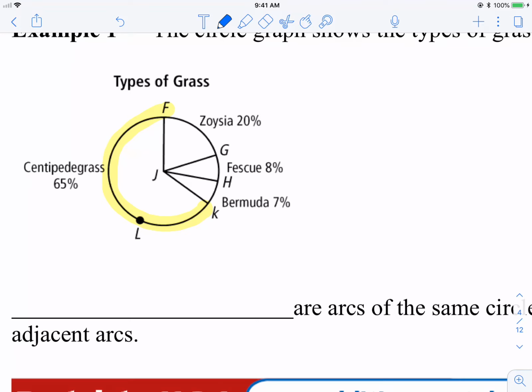So we know that 360 degrees is the full circle, because that's the same as the central angle that goes all the way around. We want the central angle that corresponds with that 65%, the centipede grass, or the arc FLK. So we want 65% of the 360 degrees.